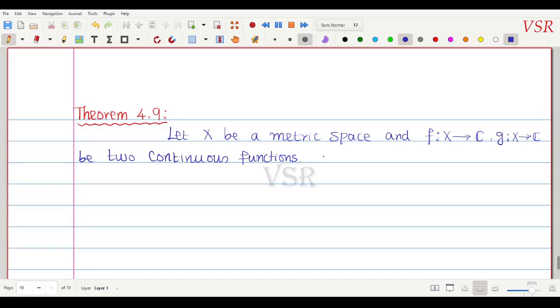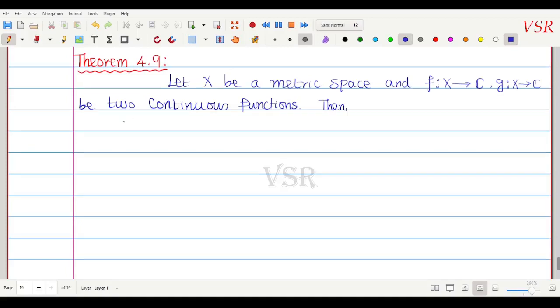Then நான் என்ன பண்ணியிருக்கேன் அப்படின்னா we are having this F plus G. Okay, F plus G, this is a first function, which is a function from X ல இருந்து C, given by, எப்படி define பண்றேன் அப்படின்னா, that is F plus G of X which is equal to F of X plus G of X for every X belongs to capital X.